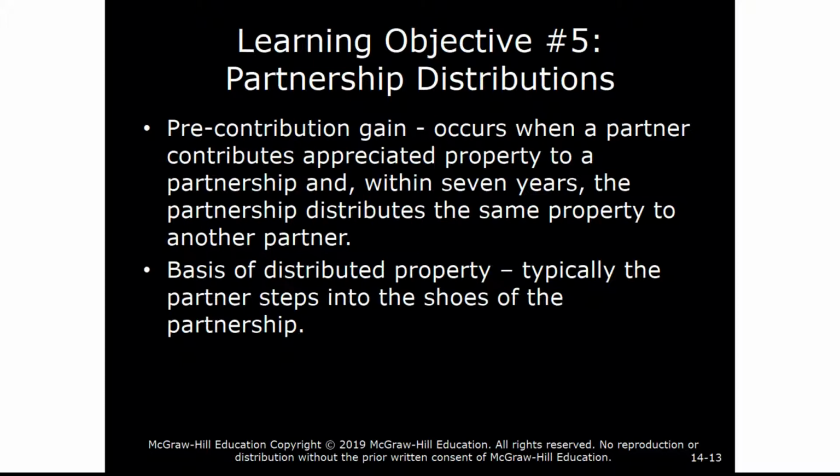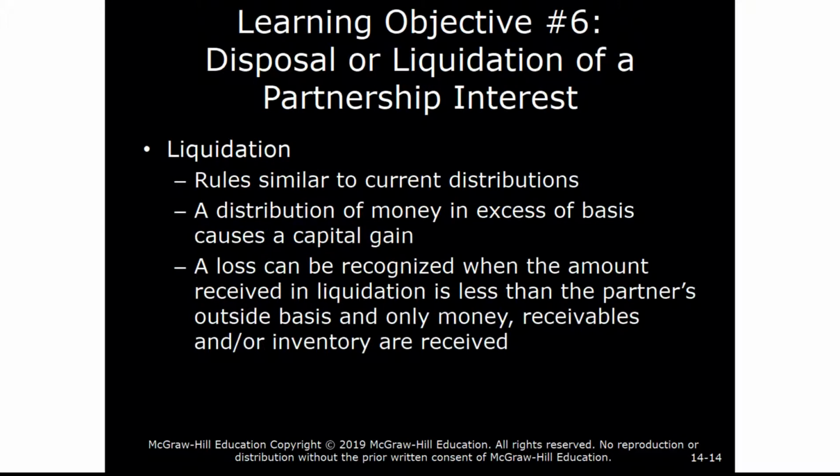And then the basis of distributed property, typically the partner steps into the shoes of the partnership, so whatever the basis was of the property in the hands of the partnership becomes the basis of the property in the hands of the partner after distribution. Now liquidation, of course, liquidating or eliminating a partnership interest, the rules are very similar to current distributions.